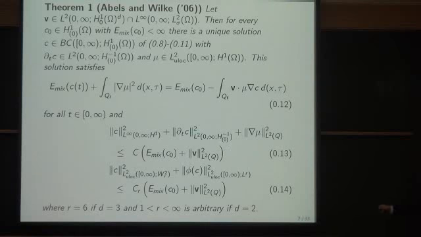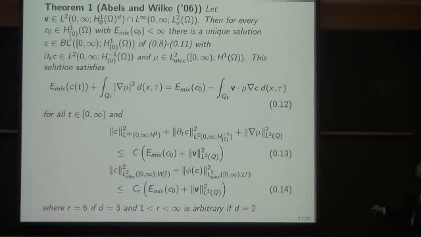And here H¹ is the standard H¹, and here there is the notion of L²_uloc, which is the space of L² local functions whose L² norm on each interval of length 1 is bounded uniformly.